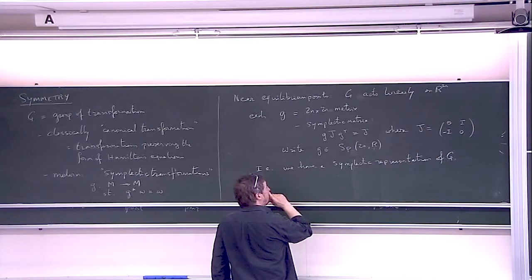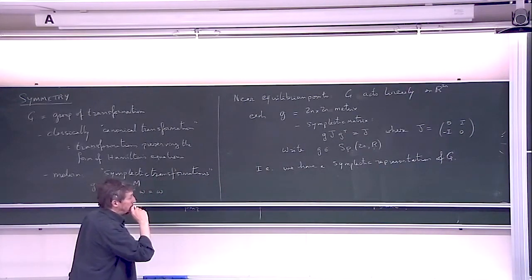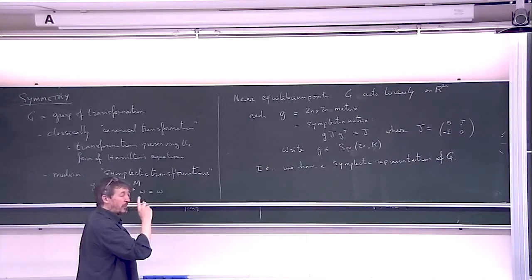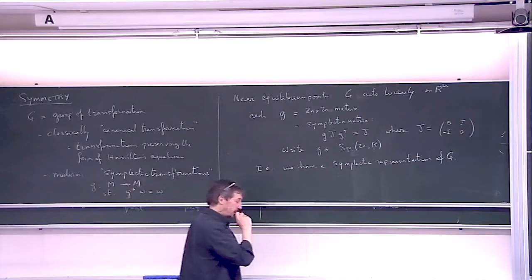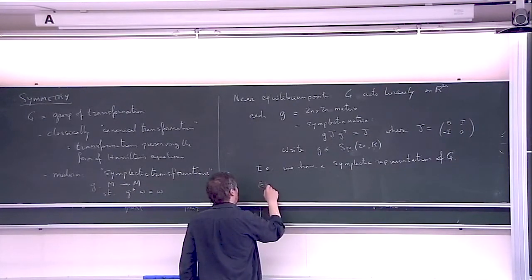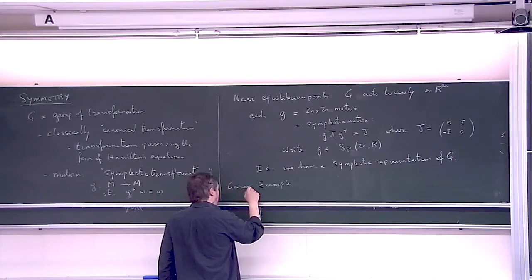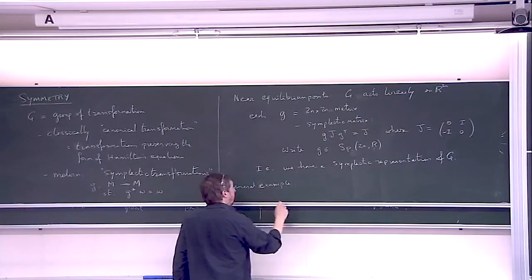So there are three types of symplectic representation. Oh, let's just say example. General example.